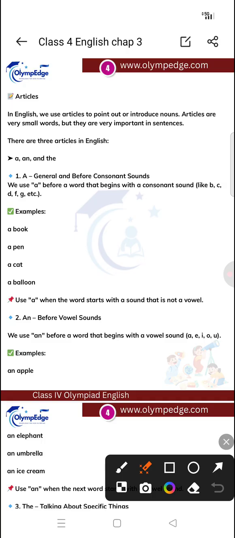Then we have a cat. Cat starts with C, a consonant, so we use a cat. Then a balloon. Again we have B, which is a consonant, so we use the article A before balloon. We use A when the word starts with a sound that is not a vowel, right?